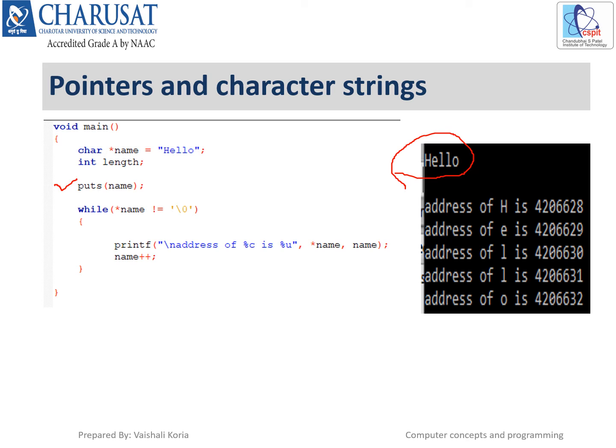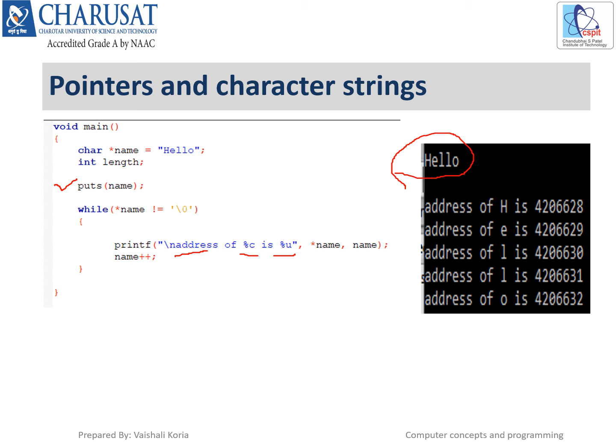Now actually we want to print the address of every character in this string. So we'll write this printf: address of percentage c is percentage u. As we discussed, this name contains the address of the first element.